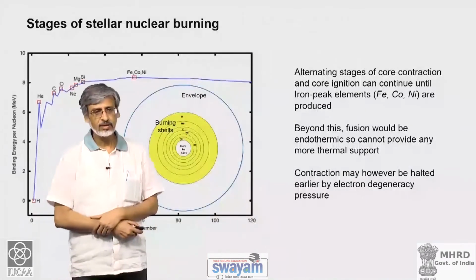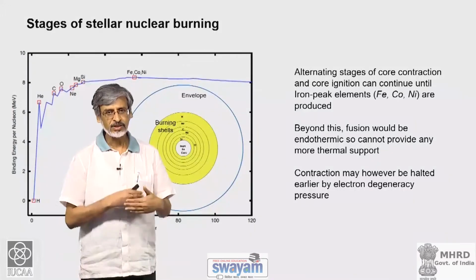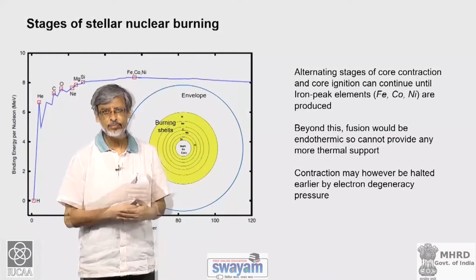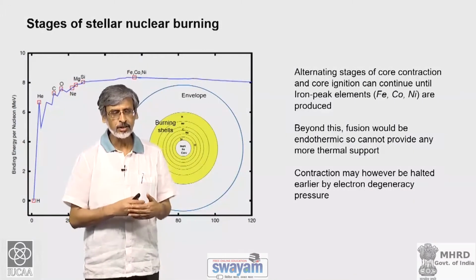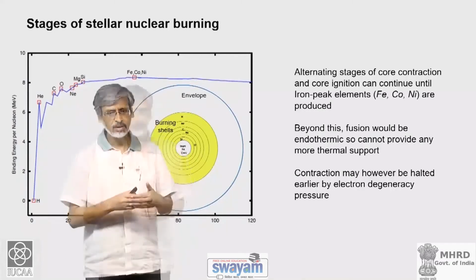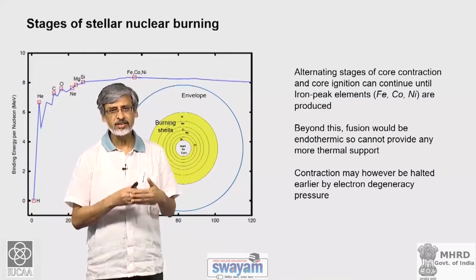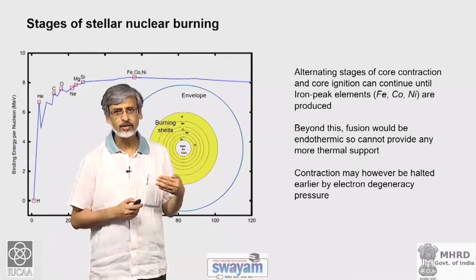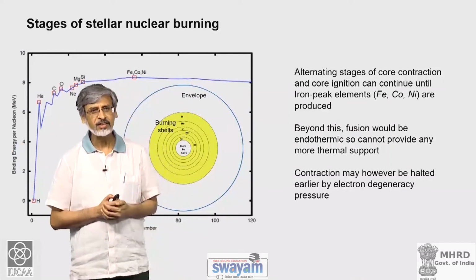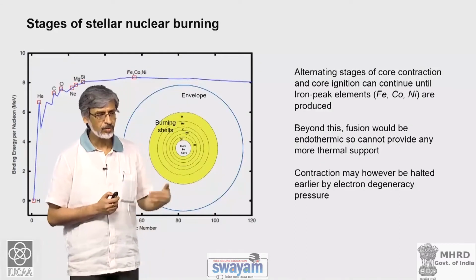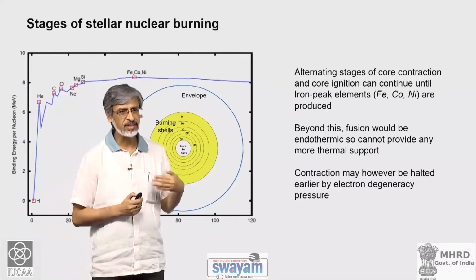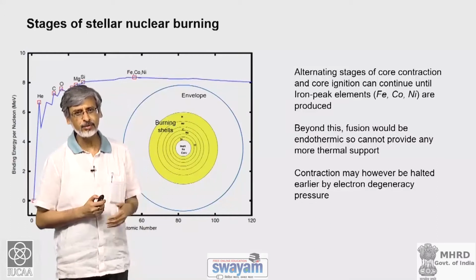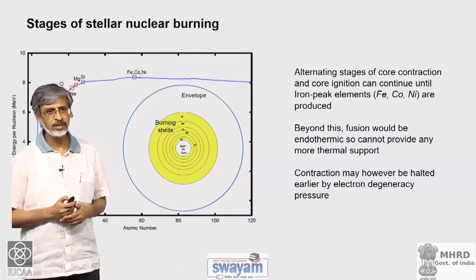So, just like first hydrogen, then helium with an intermediate passage of core collapse, the alternating stages of core contraction and core ignition can continue, creating heavier and heavier elements in the center of the star.